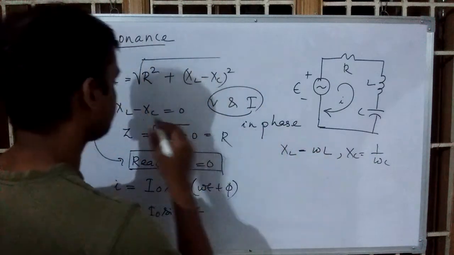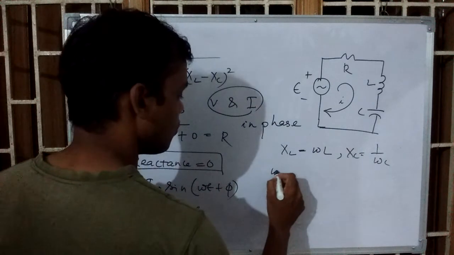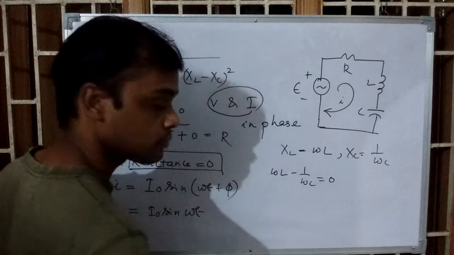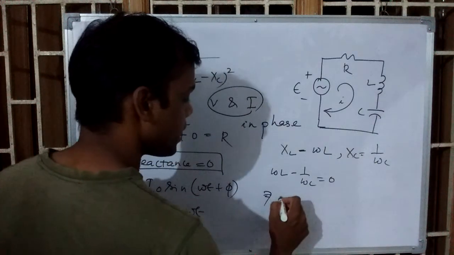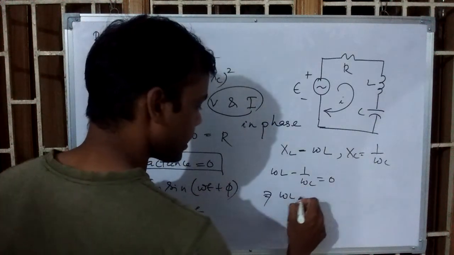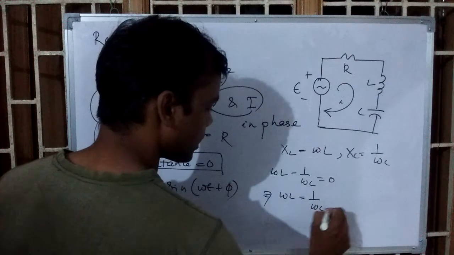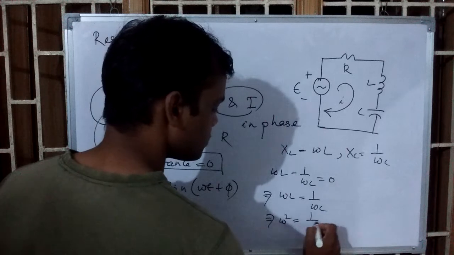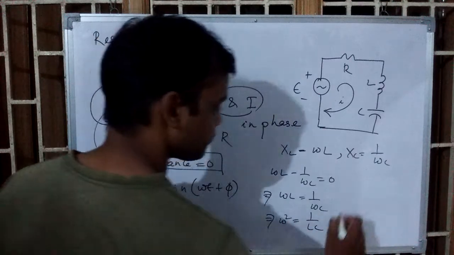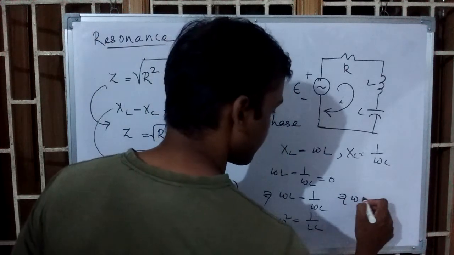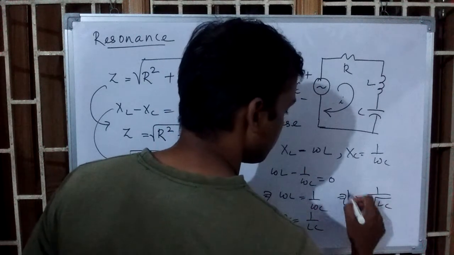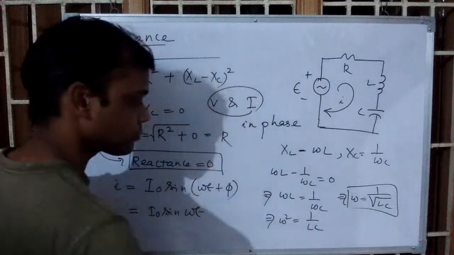Put omega L minus 1 by omega C equal to 0, implies omega L is equal to 1 by omega C, implies omega square is equal to 1 by LC, implies omega is equal to 1 by root over LC.